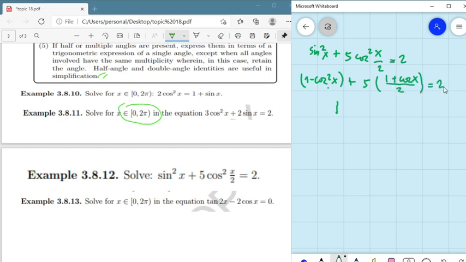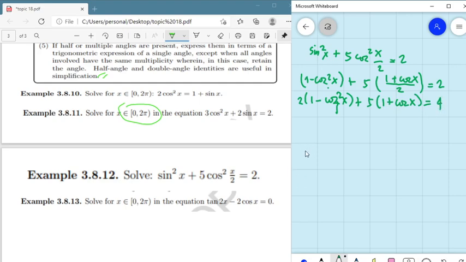equals 2. Okay? To eliminate the 2 in the denominator, we need to multiply everything by 2. So it becomes 2 quantity 1 minus cosine squared x plus, the 2 cancels, 5 quantity 1 plus cosine x, and this becomes 4.